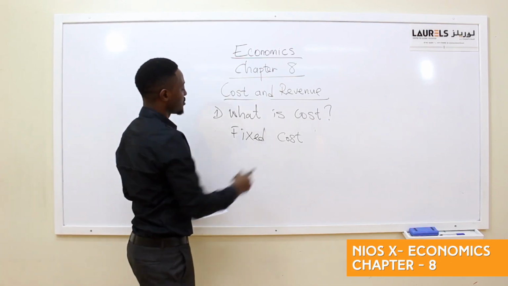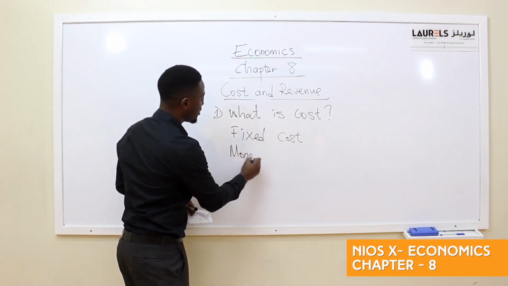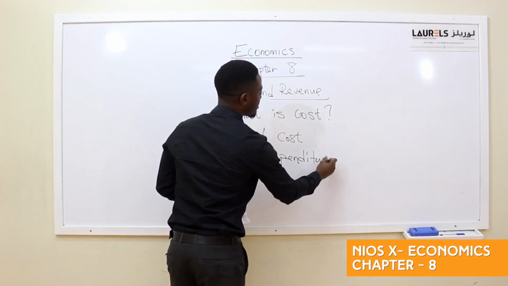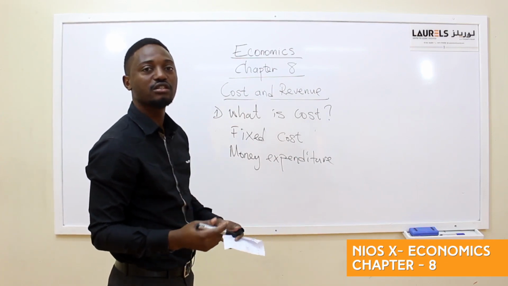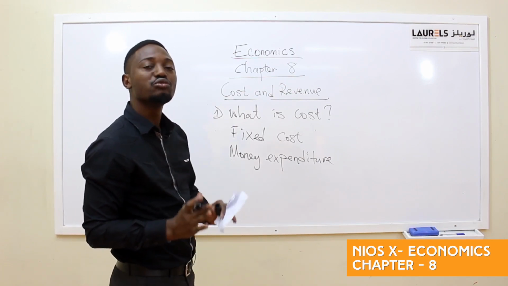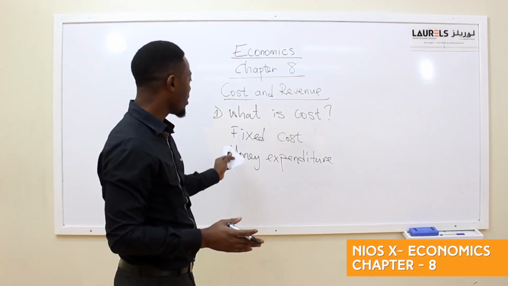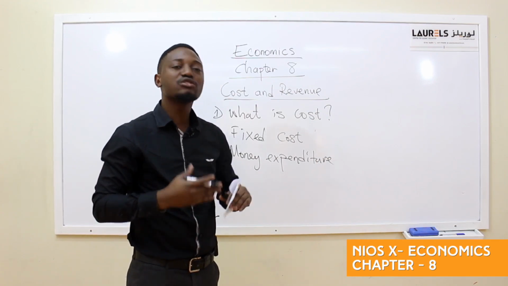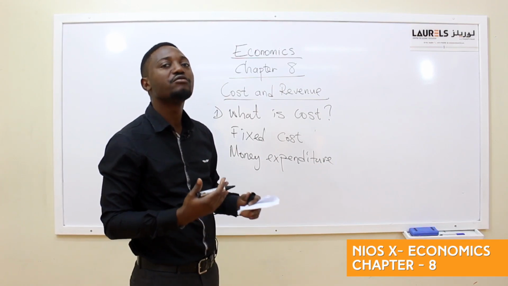So fixed cost, therefore, represents the money expenditure on hiring or purchasing fixed factors of production. Those factors of production which do not change when our output is changing. So any money which is spent on buying a factor of production which doesn't change when output is changing, that expenditure is considered as fixed costs.